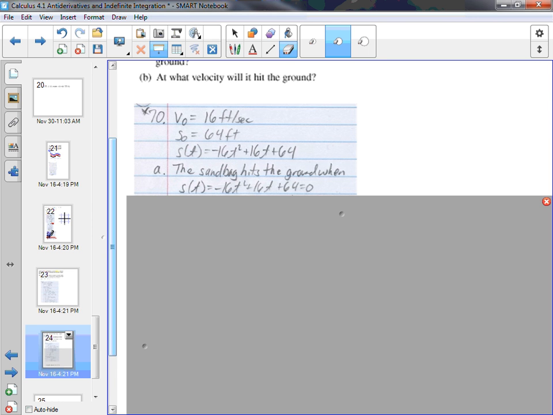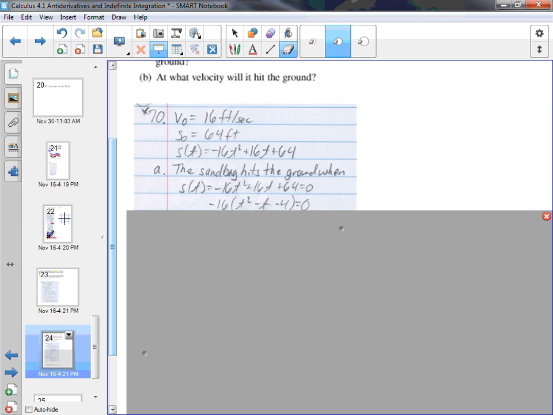All right, we can solve that. Let's factor a negative 16 out of that. And then when you divide both sides by negative 16, we get t squared minus t minus 4 equals 0, don't we? And I really wish that was factorable, but guess what?